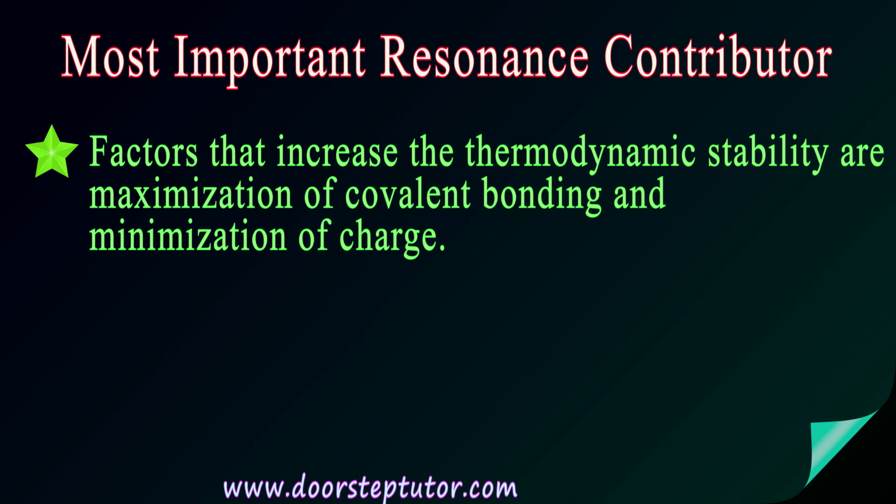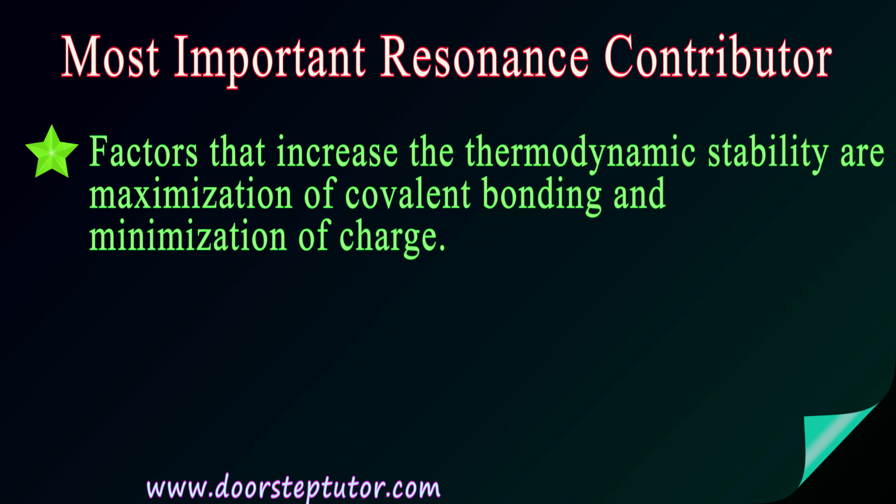So any structure which will have the maximum number of covalent bonds and minimize charge over the molecule will be thermodynamically very stable. So this is the first thing we have to look for.